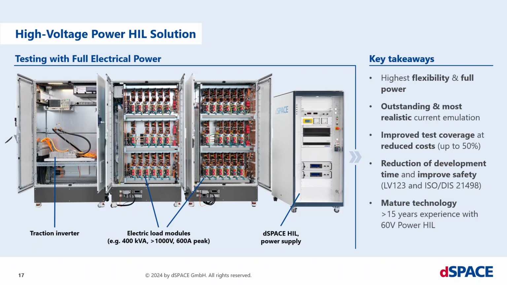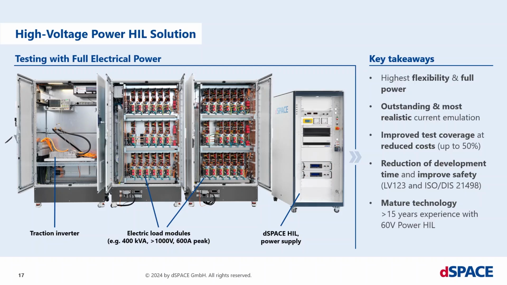As I explained to you in the slides before, we have the cabinets in the middle with these load modules representing our input and output side for the device under test, and our real-time rack here with the Scalexo units, the high power, high voltage supply. You also see here we have a 400 kVA system, but we only feed with 2 of these small power supply units because we only have to feed the losses.